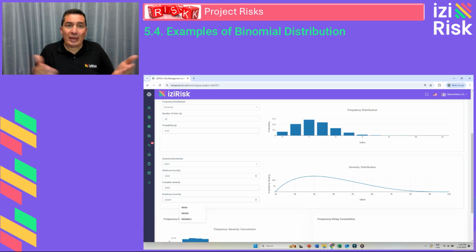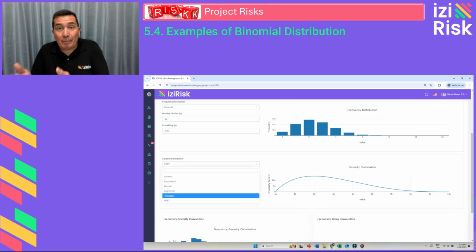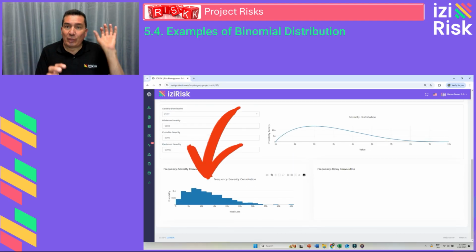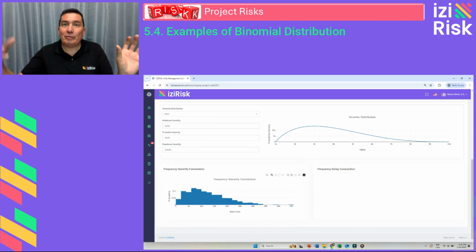By combining both elements, frequency with a binomial distribution with n equal 12 and p equals 20%, and a PERT distribution for the impact or severity, we obtain the convolved distribution of both impacts of this particular risk.